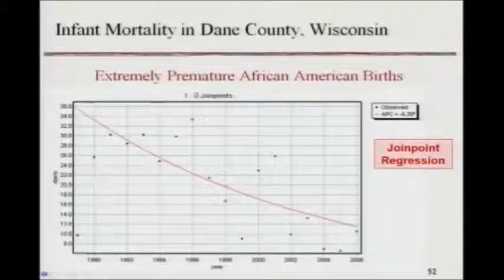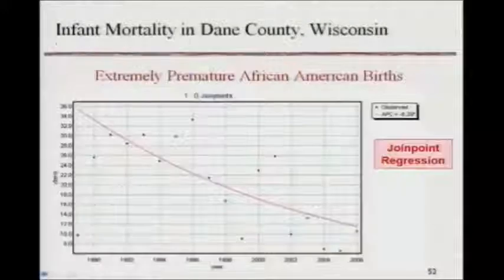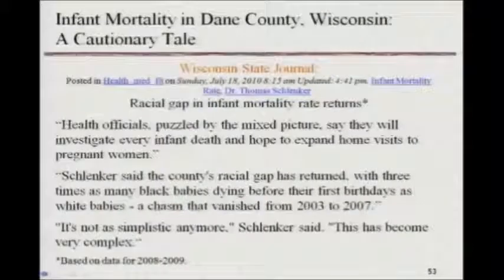There was a hypothesis that this apparent drop had to do with very premature black infants, and that something was going on there. I should say the CDC got involved, and it was in Newsweek magazine, and this was a huge deal. This looks like a dramatic change in the black infant mortality rate. Had they implemented a program? Well, we're going to get to that.